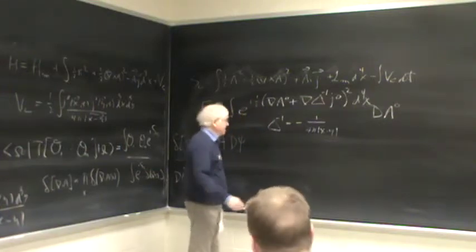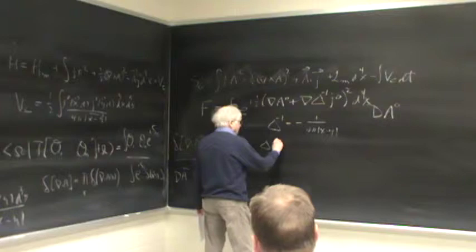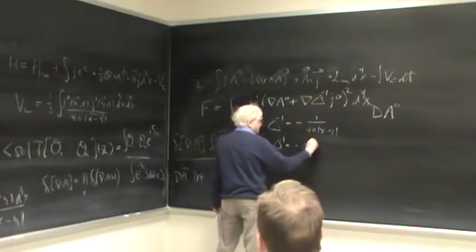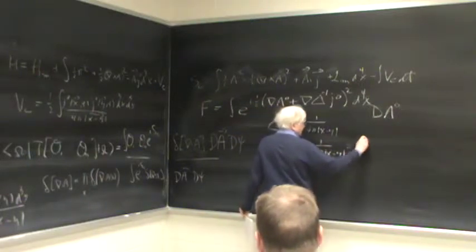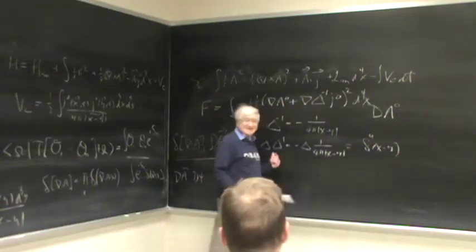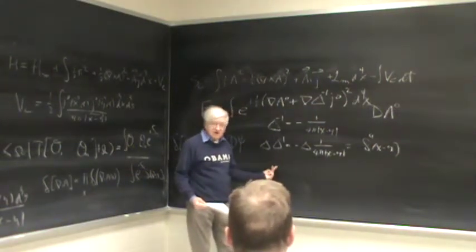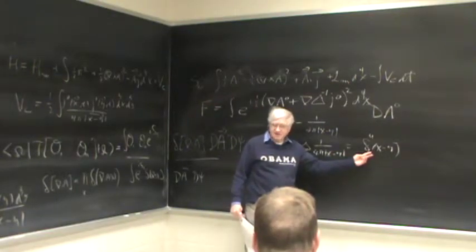That's the inverse Laplacian because minus Laplacian on 1 over 4 pi, x minus y, is delta 4 of x minus y. So that's the sense in which it's the inverse Laplacian, this being the identity, sort of functional identity matrix.